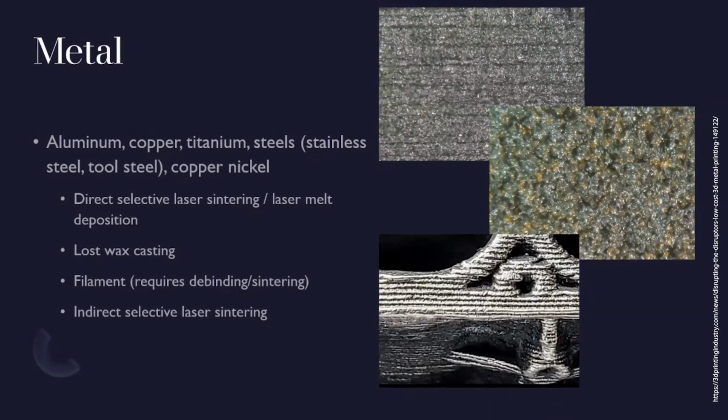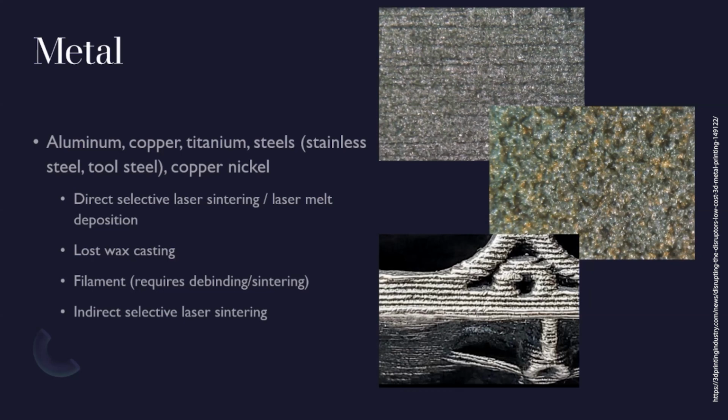Recently available are metal-containing filaments, which are basically a thermoplastic material mixed with metal powder that is then extruded using fused filament fabrication. Once the object is made, it is sent into an oven to debind, which is to burn off all the thermoplastic that is not desired in the final metal object, and then sintered to coalesce all the metal grains together to compact and densify the object.